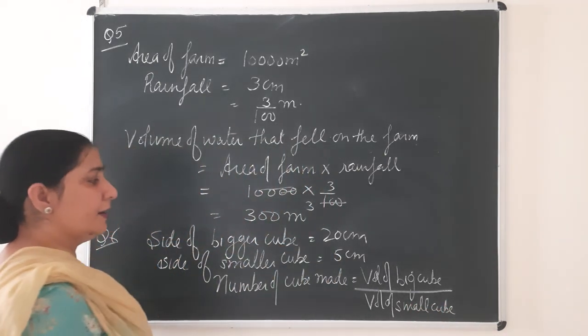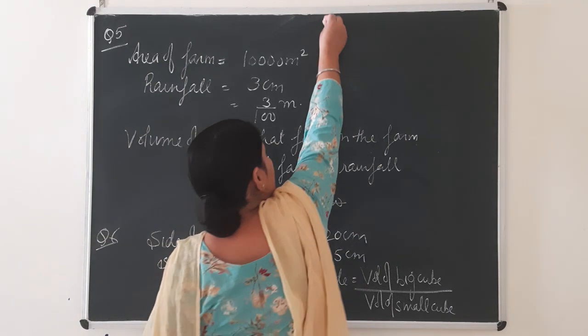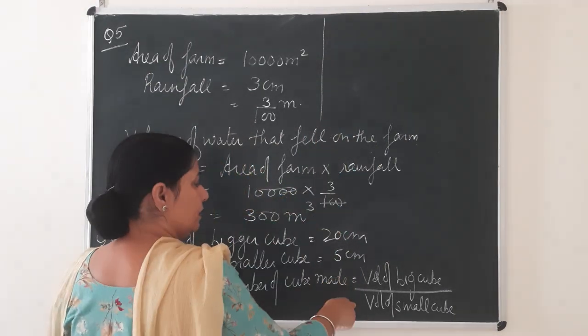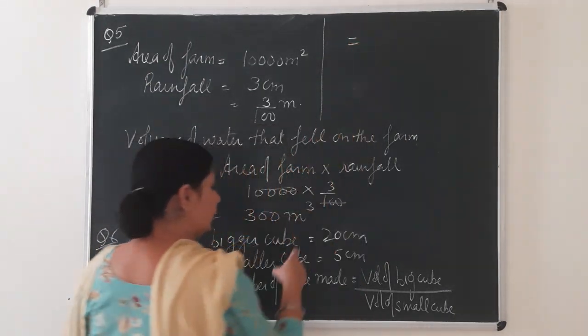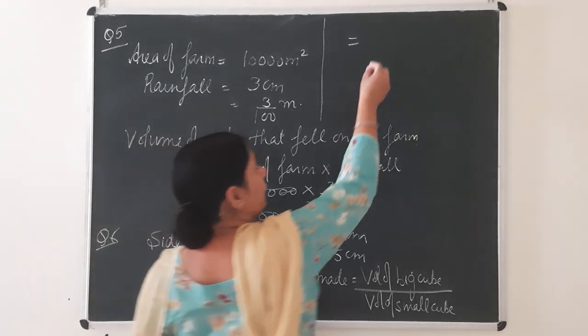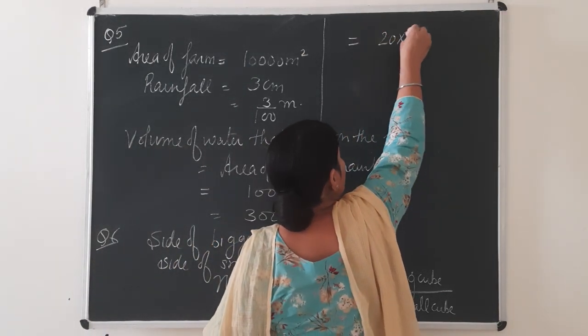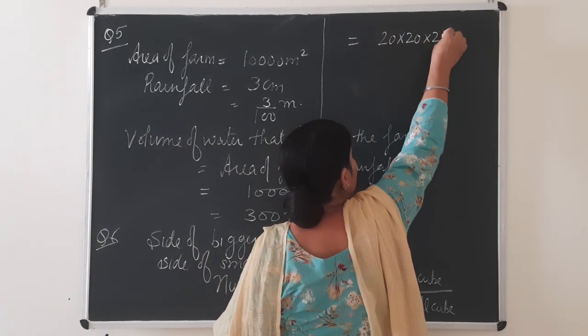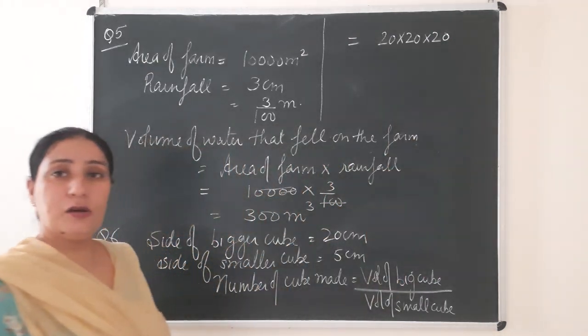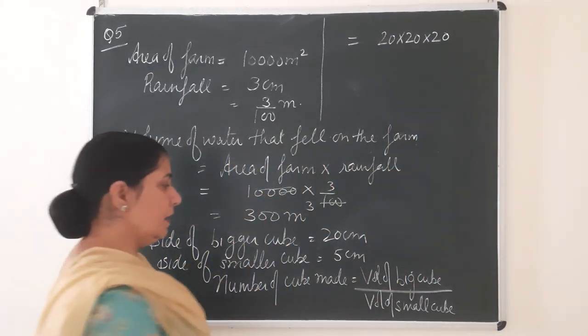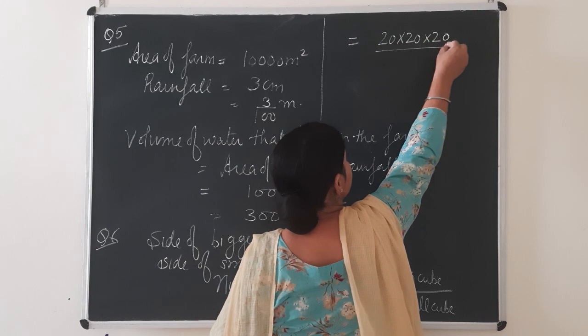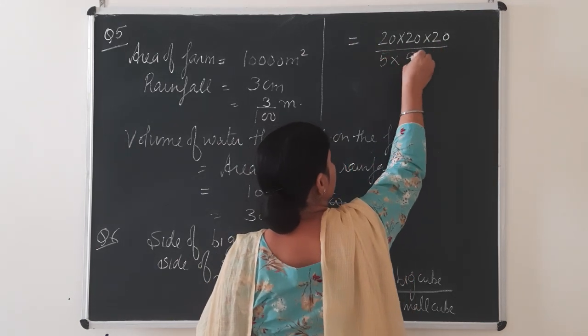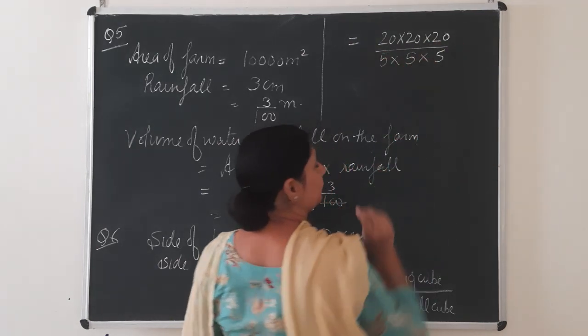Now when you have to find the volume of the big cube, the side is 20. So its volume will be 20 multiplied by 20 multiplied by 20, because the length, breadth and height are all the same. And for the small cube, the side is 5, so it will be 5 multiplied by 5 multiplied by 5.